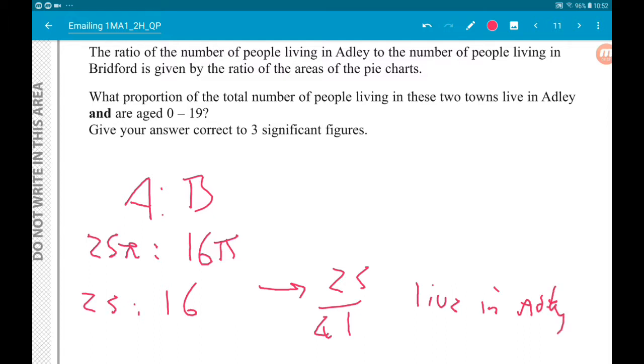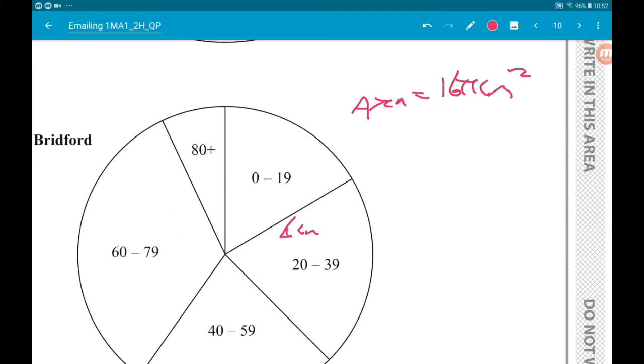Okay, so what we now need to do is work out what proportion of the people living in Adley are aged 0 to 19. So for that, we need to find the angle of the sector.